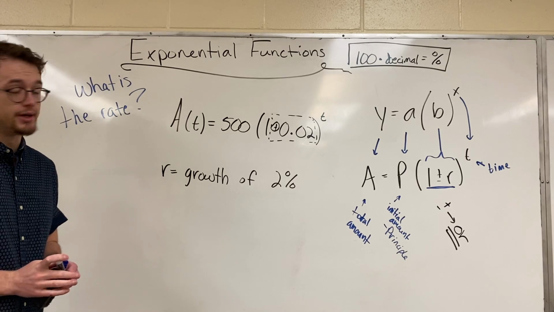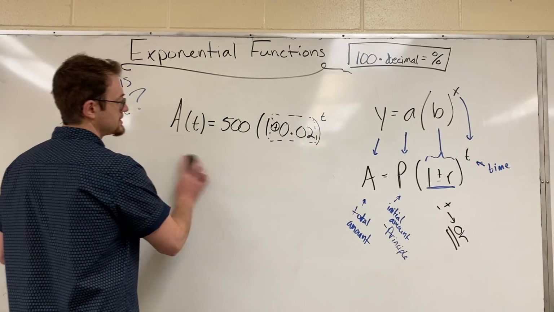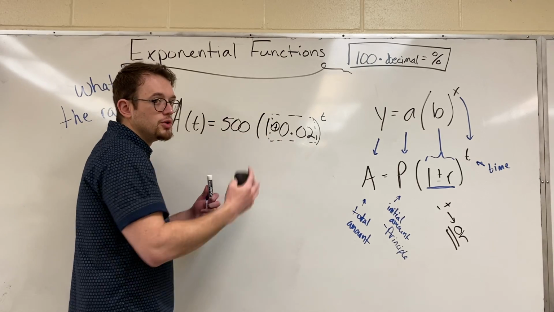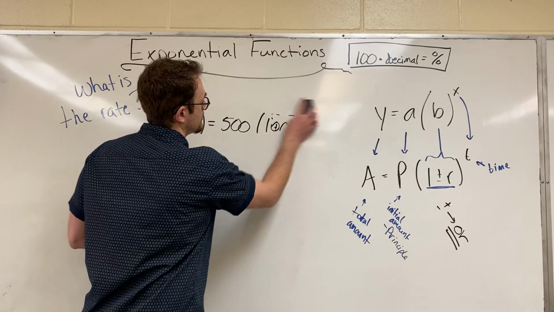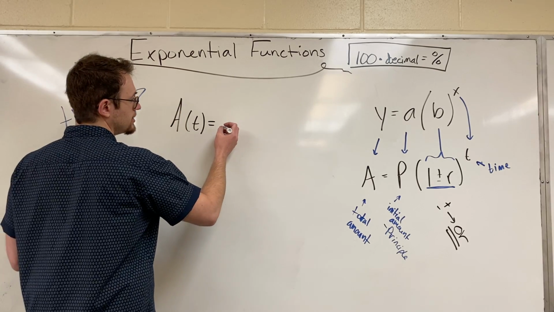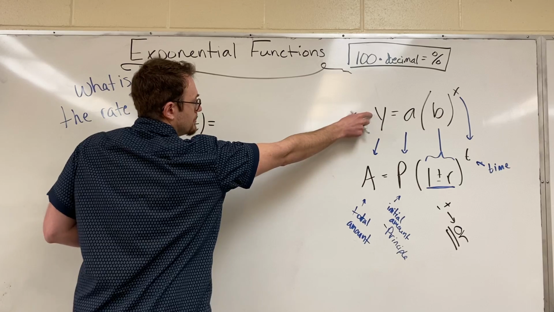This is where it starts to get trickier. All right, so I gave you some easy ones where I gave you 1 plus R or 1 minus R, so you knew what R was. What if I give you it back in this form?